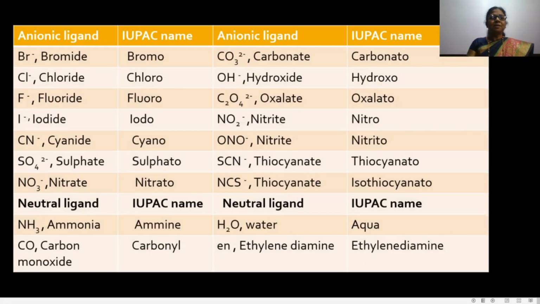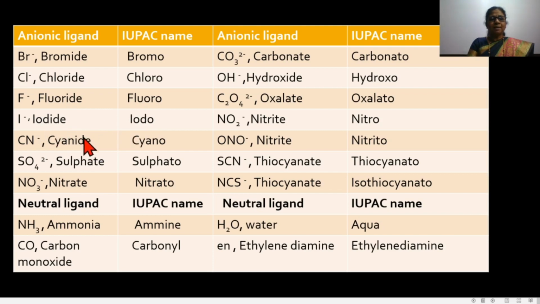Now see the names of the ligands. The anionic ligands: Br minus, bromide. From our last rule we know that the IDE of an anionic ligand is replaced by O. That means bromide in the IUPAC system is bromo. Chloride is chloro. Fluoride, fluoro. Iodide, iodo.